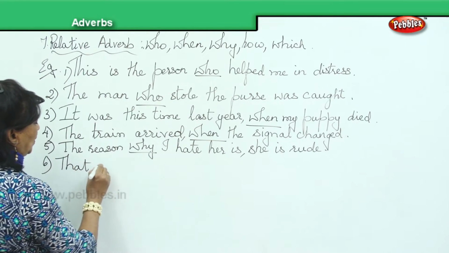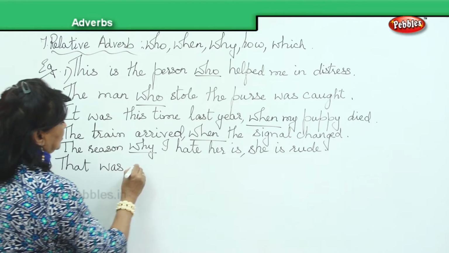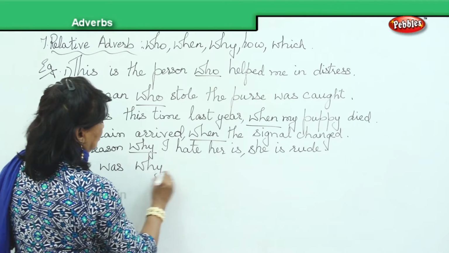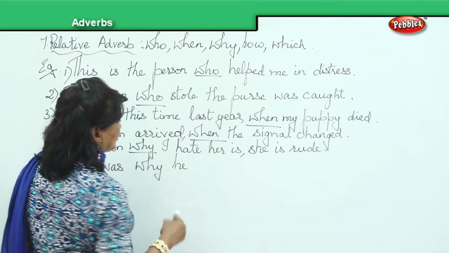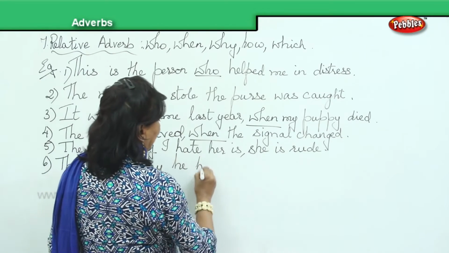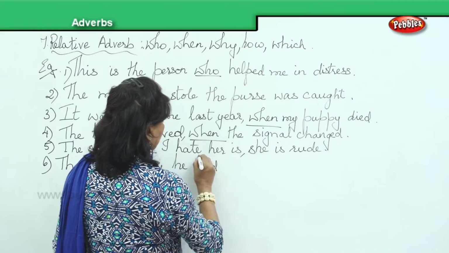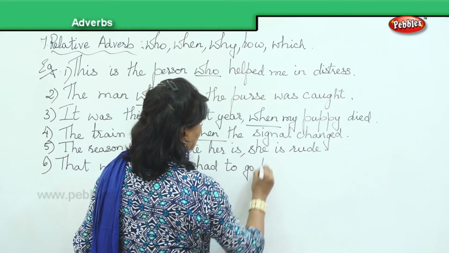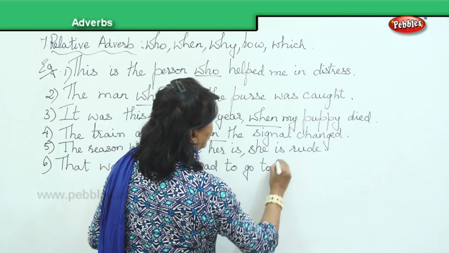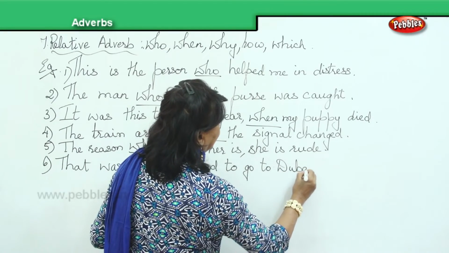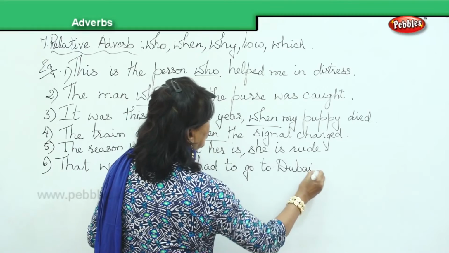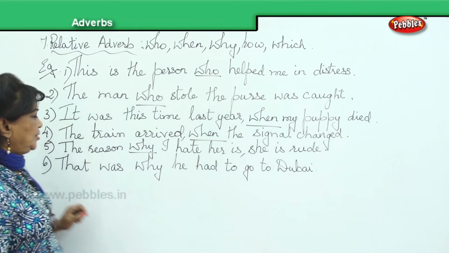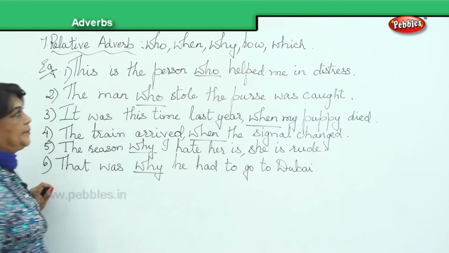That was why he had to go. He had to go to Dubai. That was why he had to go to Dubai.